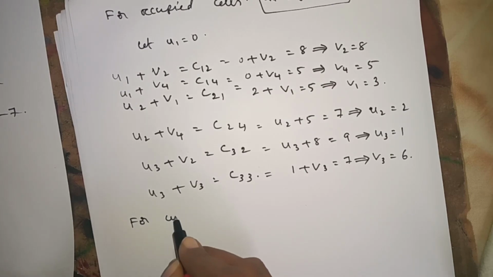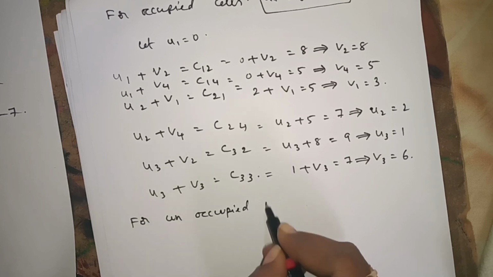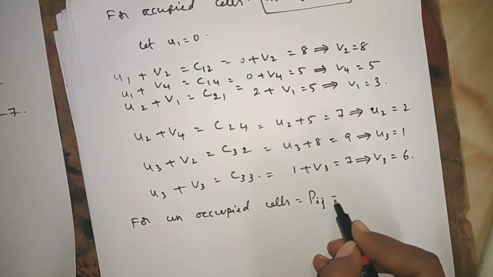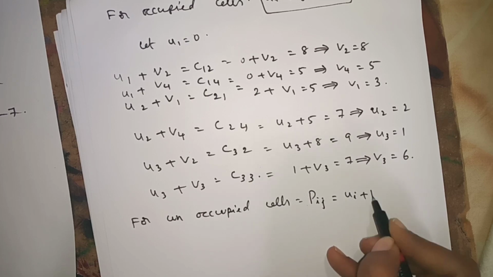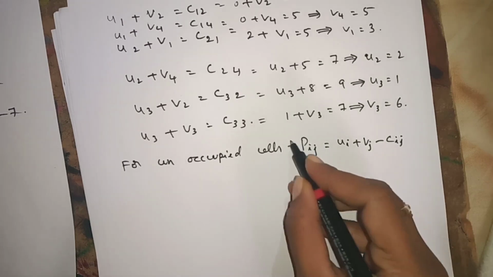For unoccupied cells, the formula is Pij is equal to Ui plus Vj minus Cij.